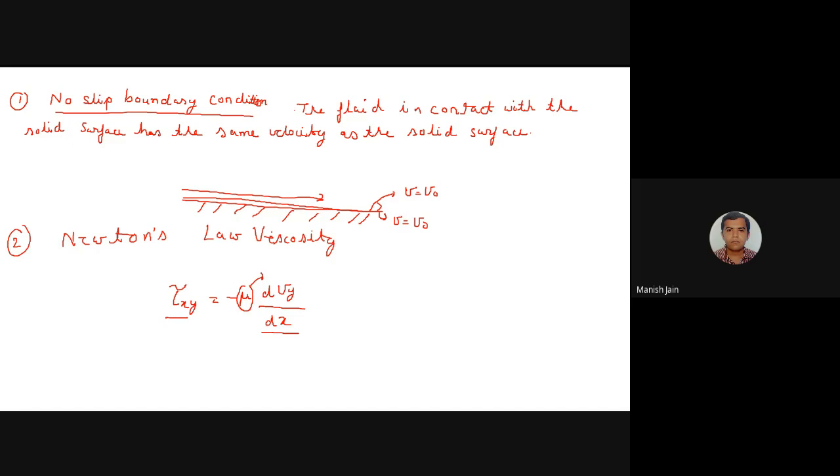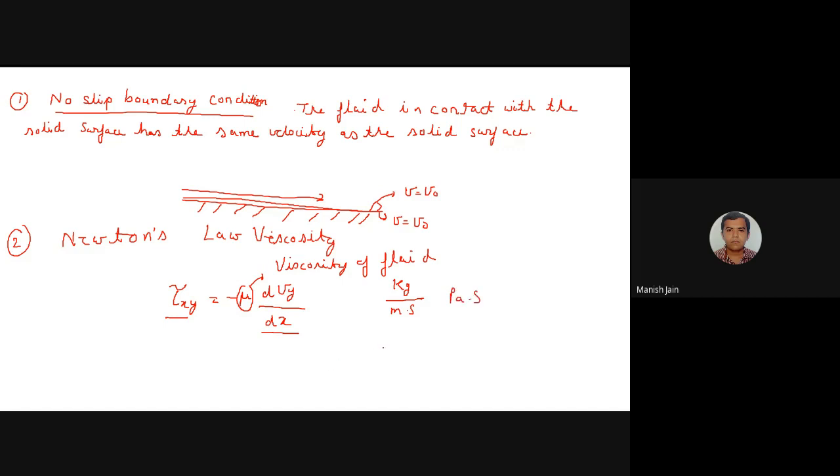The units of viscosity are poise, centipoise, or Pascal second. The SI unit of viscosity is kg per meter second, also called Pascal second.